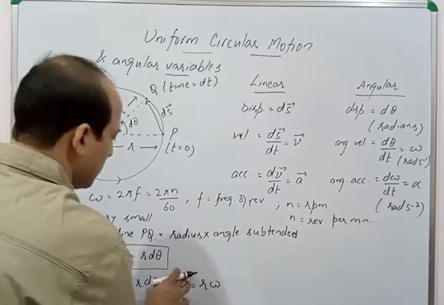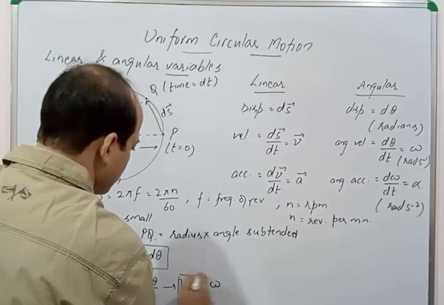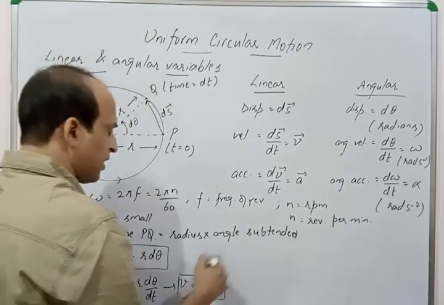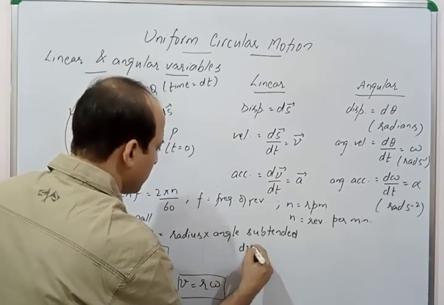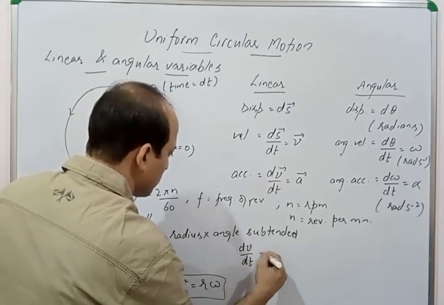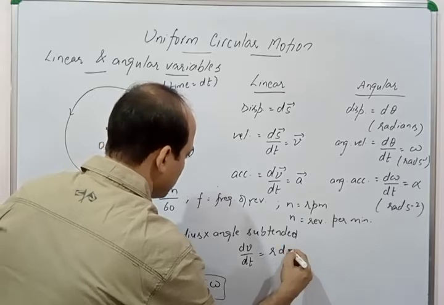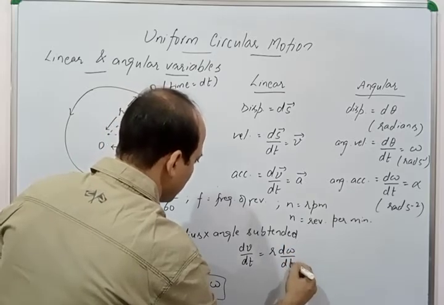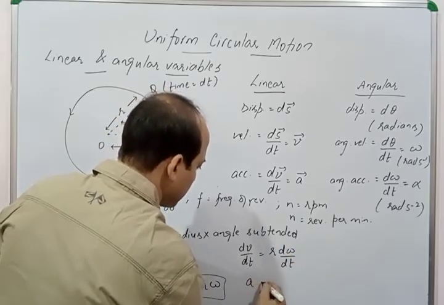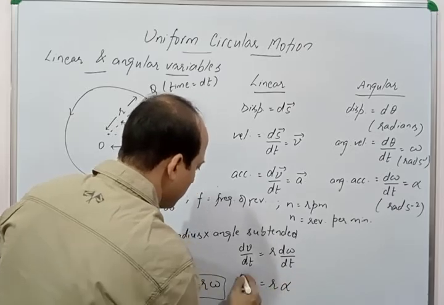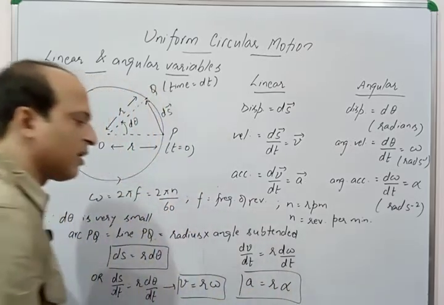So v equals r omega. Then divide by time again: differentiating both sides, radius is constant and angular velocity is changing, so d omega by dt. What you get is linear acceleration equal to r into alpha. So this is how the variables are related to each other.